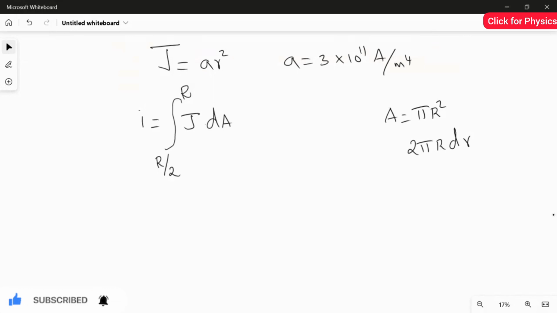So in this place, I have to use this. And in place of J, I have to substitute, because the current density is a function of r. So in this place, I'm going to take this value and substitute here, and for this dA, I'm going to substitute this.